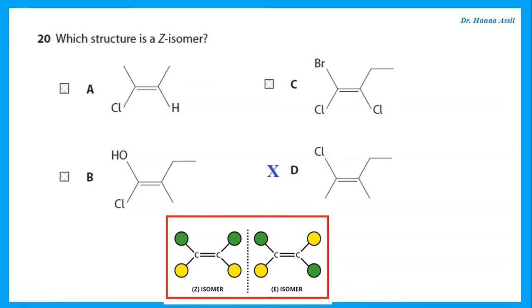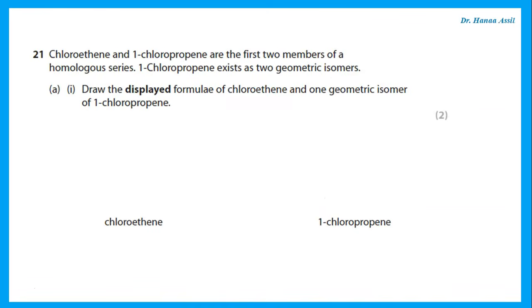We're looking for something that has the substituents with higher Mr, both of them on the two carbons, on the same side of the double bond.